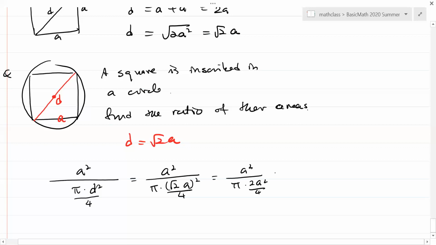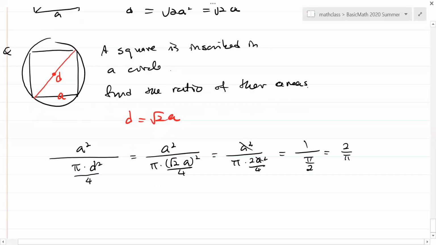So A squared is gone, and you get pi over 2 in the denominator, that's going to be 2 over pi. If you want to use D, maybe a little bit complicated. Anyways, the number should be smaller than 1. If you don't use a diameter, probably a little bit easier. Use a radius.